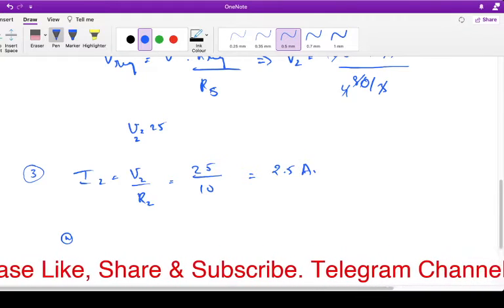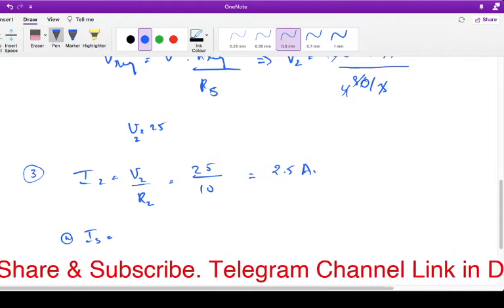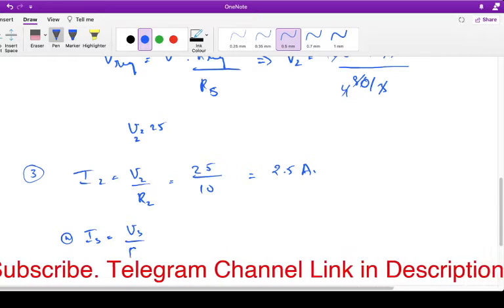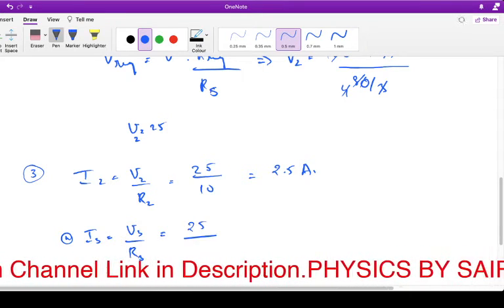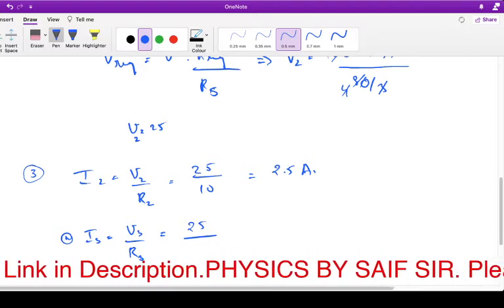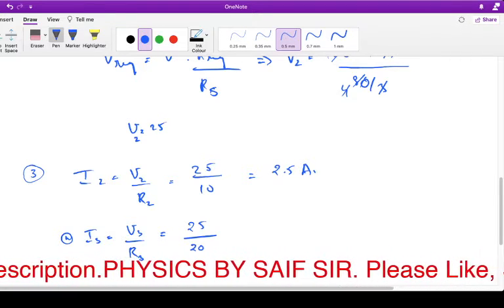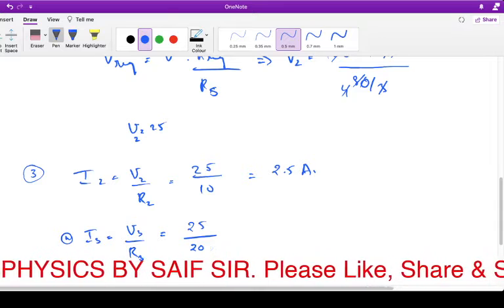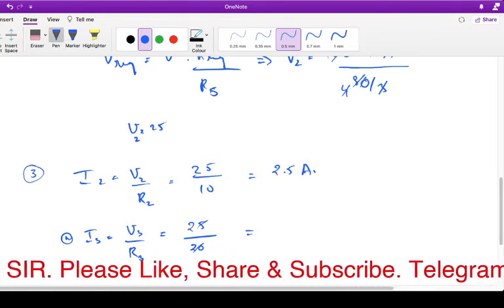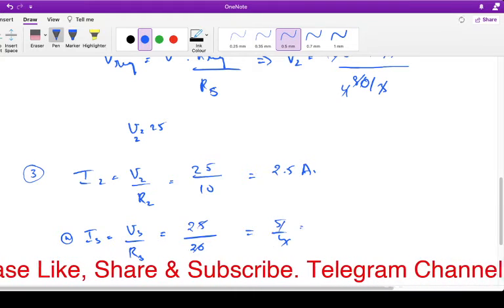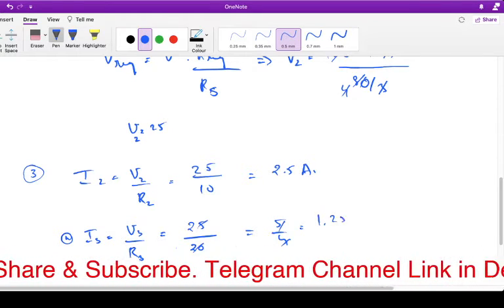And the second one is I3, which is V3 by R3. It is 25 volts and resistance is 20 ohms. 25 by 20, which gives you 1.25.